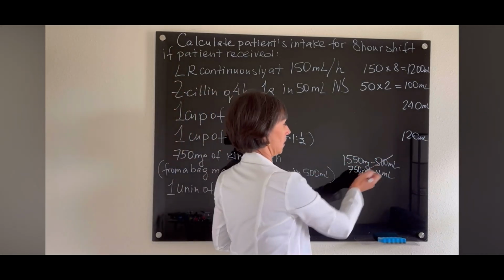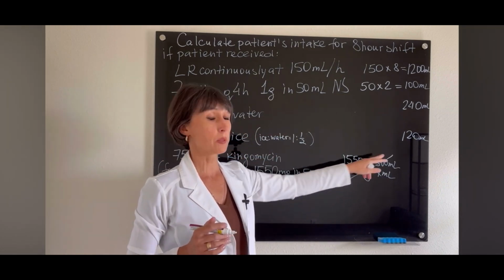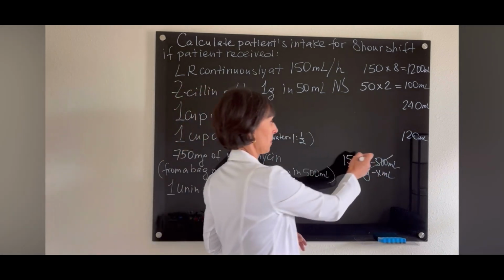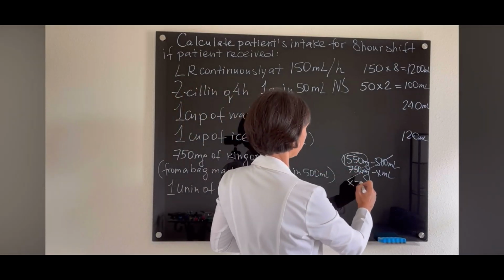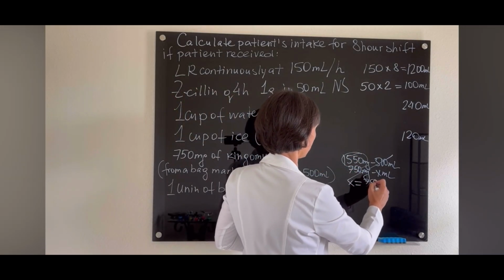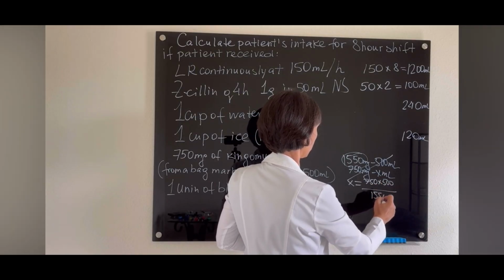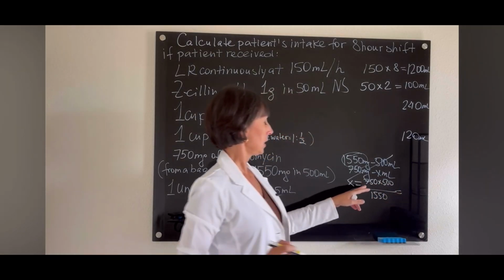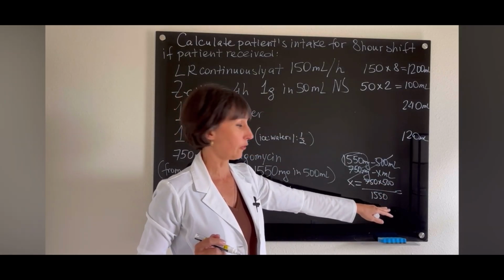Next, you find a diagonal that has two numbers that are not X. You multiply these two numbers and you divide by the third number. And in this case, we have 750 times 500 divided by 1550.